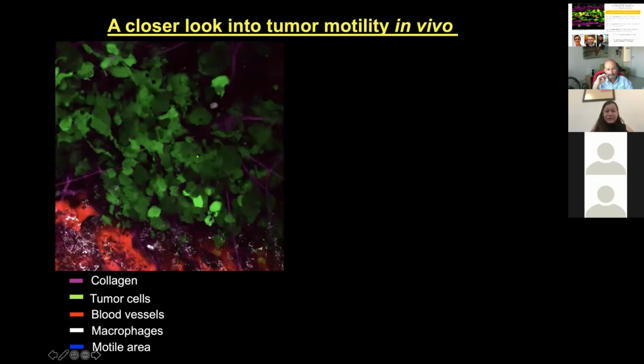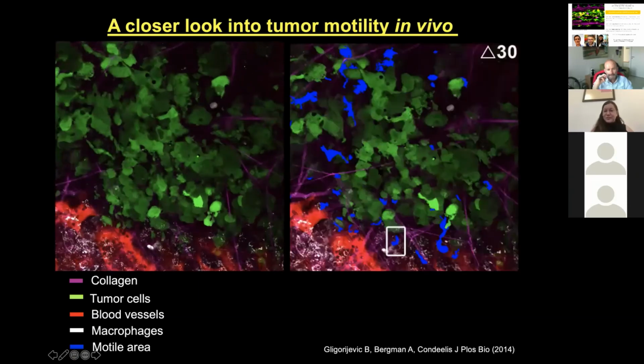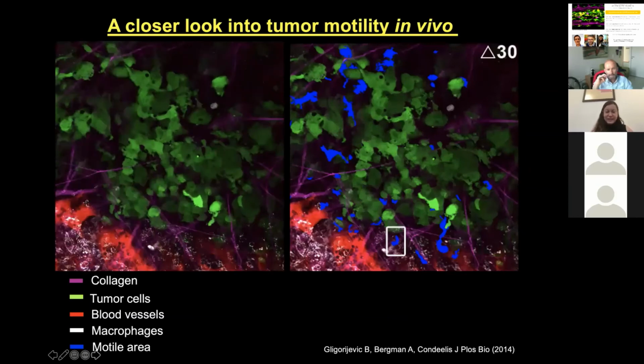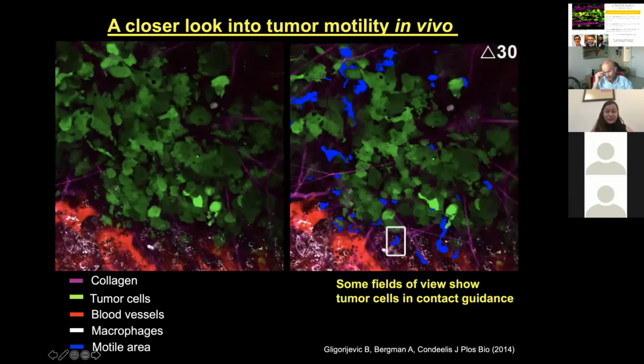Now, if you run this movie for about an hour and then summarize the movement, you can see some cells have moved even more than 1 cell diameter or cell length. And we calculated the speed at about 3 microns per minute. So some cells are really fast.